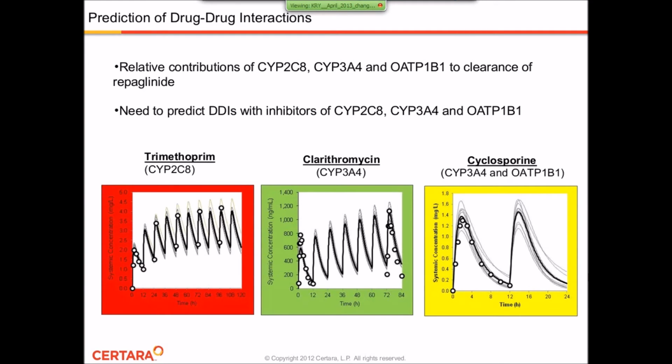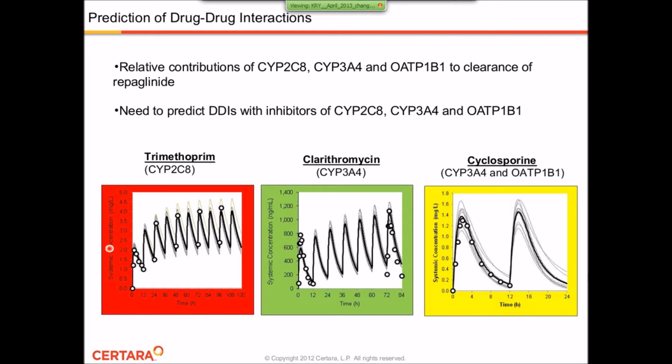Now, the important thing is, before we can go on and do that, we have to ensure that we have models describing the kinetics of trimethoprim or any CYP2C8 inhibitor. In this particular case, we developed a model for trimethoprim because this is a specific CYP2C8 inhibitor. What we wanted to do was use inhibitors directed against a single enzyme or a single mechanism.